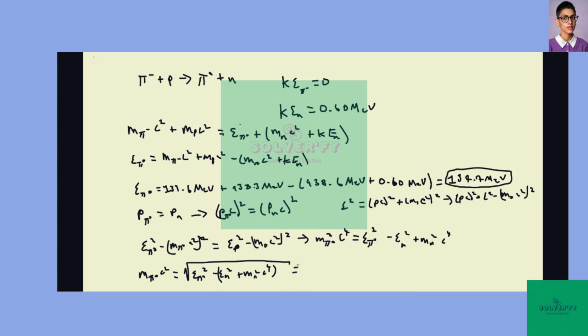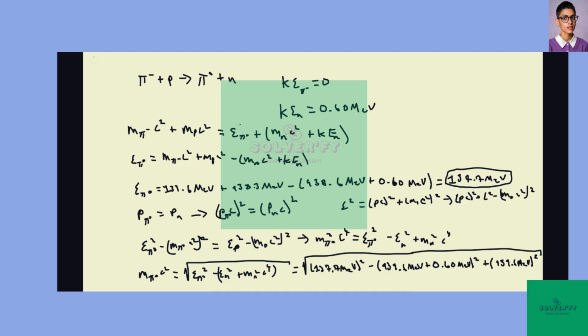So we can plug all these numbers in. We get the square root of 137.7 MeV squared, minus 939.6 MeV plus the kinetic energy, 0.60 MeV, squared, plus the rest mass energy of the neutron, which is 939.6 MeV squared.